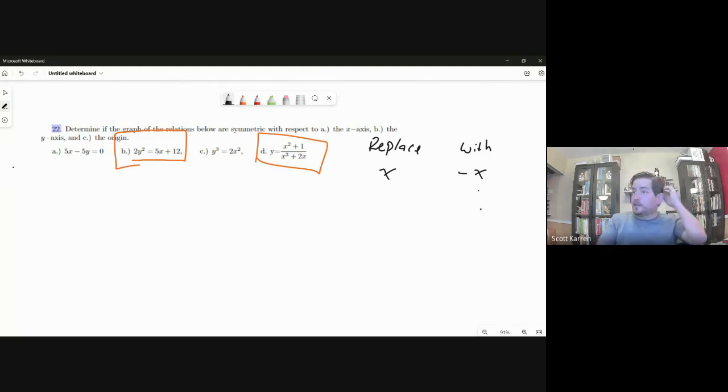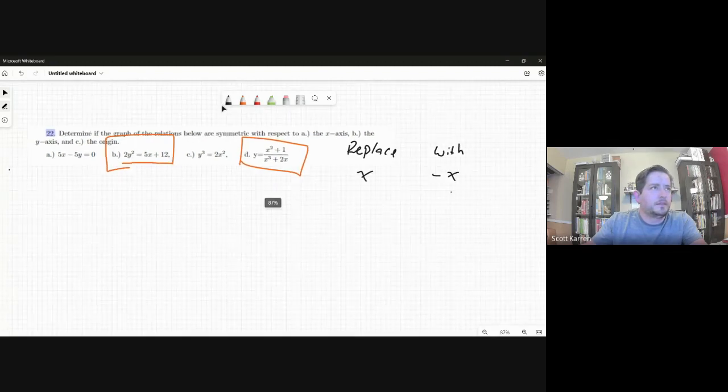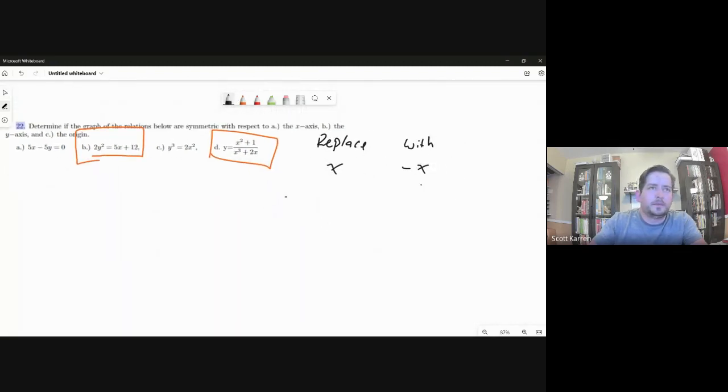Now, if I replace x with negative x and I get the same function back, then this is symmetric about the y-axis. And so let's check B.